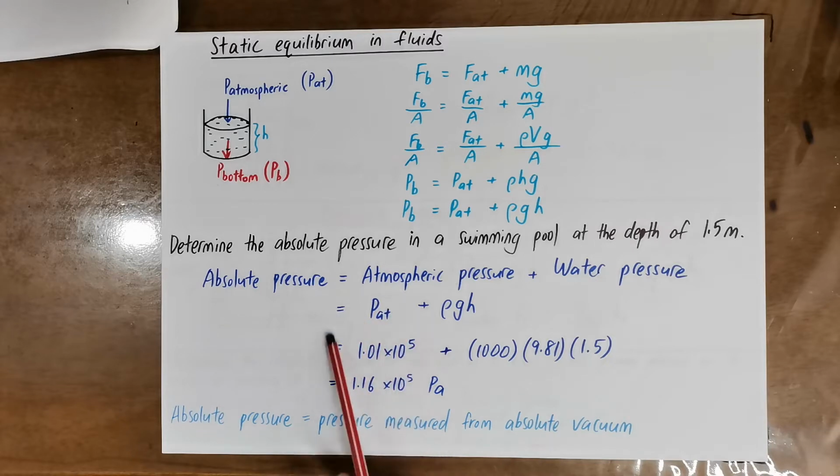The atmospheric pressure is 1.01 times 10 to the power 5, and the water pressure is rho gh. The density of the water is 1000 kilograms per meter cubed, the gravitational acceleration is 9.81 meters per second squared, and the height is 1.5 meters. So here you go, you get the absolute pressure.